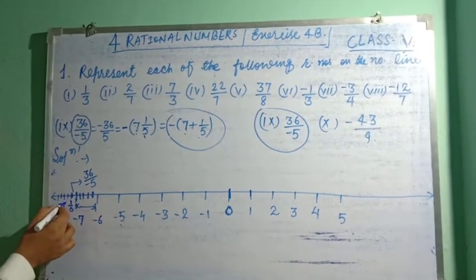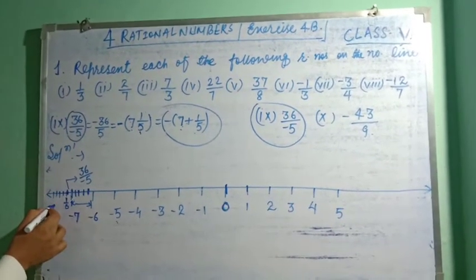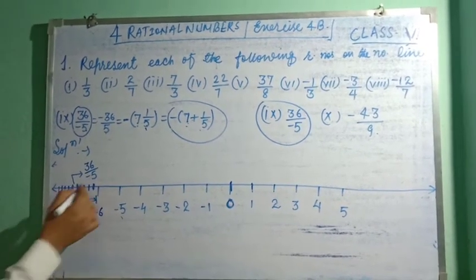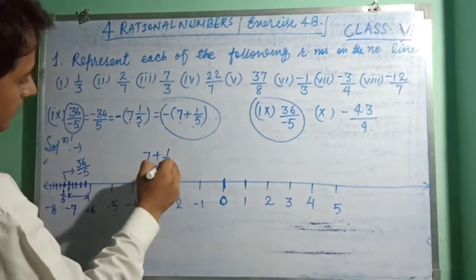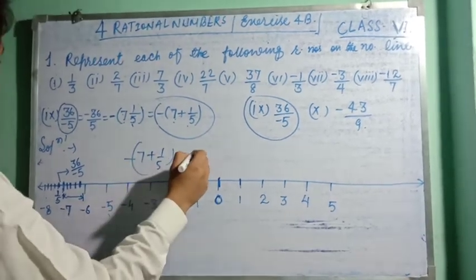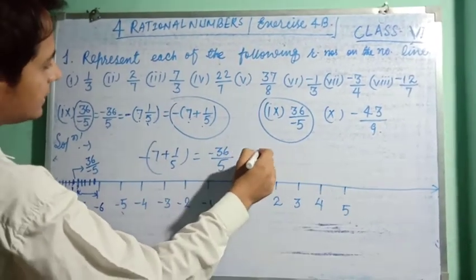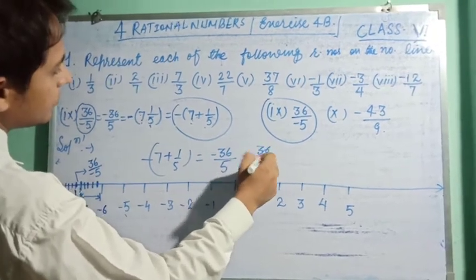Once again, this is 2 by 5, 3 by 5 and 4 by 5. That means here is 7 plus 1 by 5. This becomes minus 36 by 5, or this can be written as 36 by minus 5.